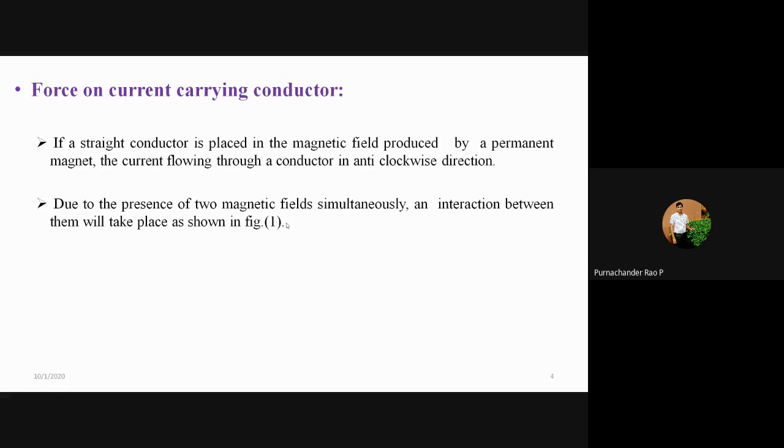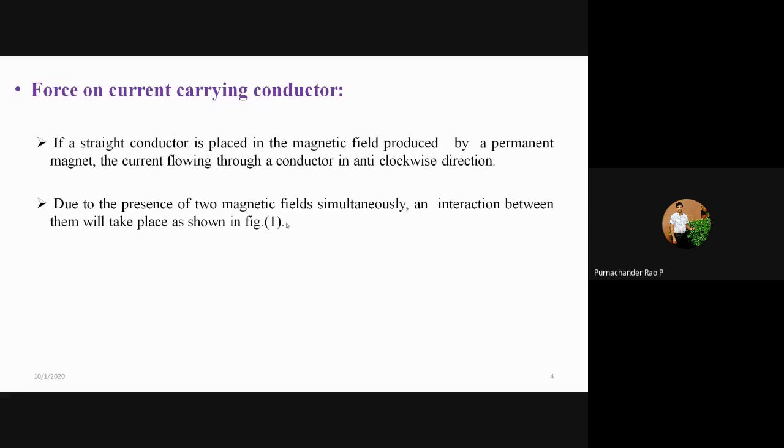And that conductor is carrying a current. Due to the presence of the magnetic field produced by the field winding, and also the magnetic field produced by the armature conductors, there is an interaction between these two fluxes taking place in a DC machine, and it exerts a force on the conductor or on the armature.